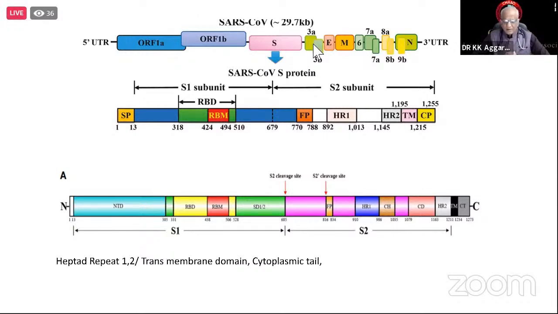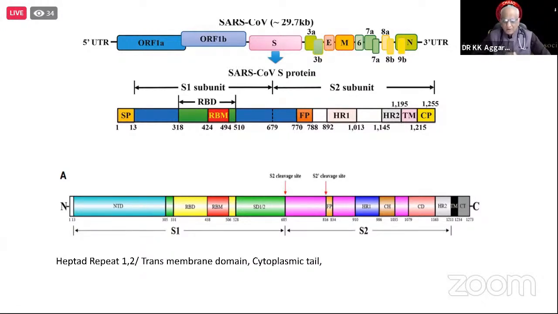There are different types of classifications, but we will focus on the upper virus, with the second slide in between. The bottom one is only to show what NTD is. NTD is the N-terminal domain, which is just before RBD.